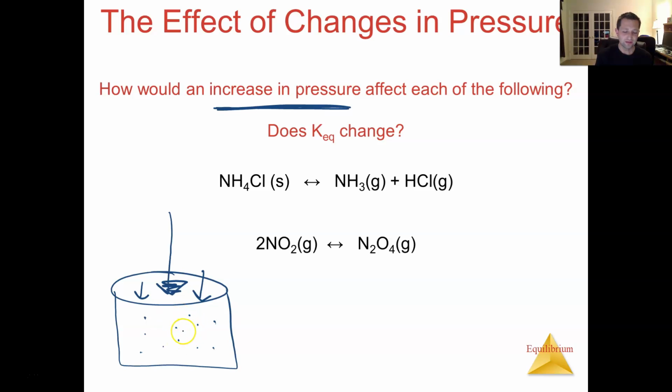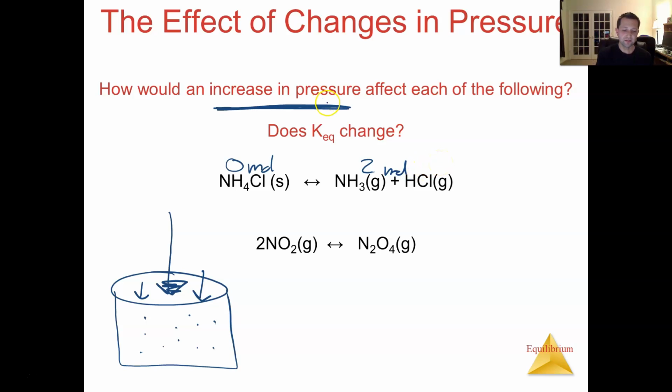So what causes gas pressure? Well, gas particles do, right? So I need to decrease the number of gas particles in my system to decrease my pressure. All right. So for the first reaction, you have 0 moles of gas on the reactant side. You have 2 moles of gas on the product side.